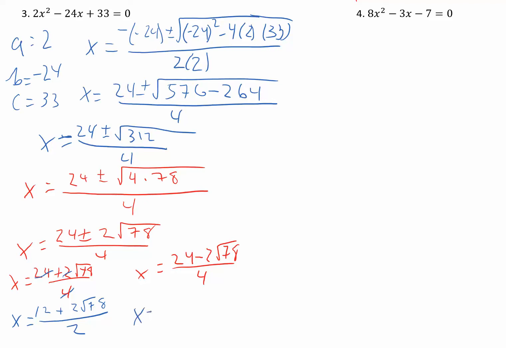Same thing on this side. I can take a 2 out of all of these. So I'm going to get 12 minus rad 78 over 2.